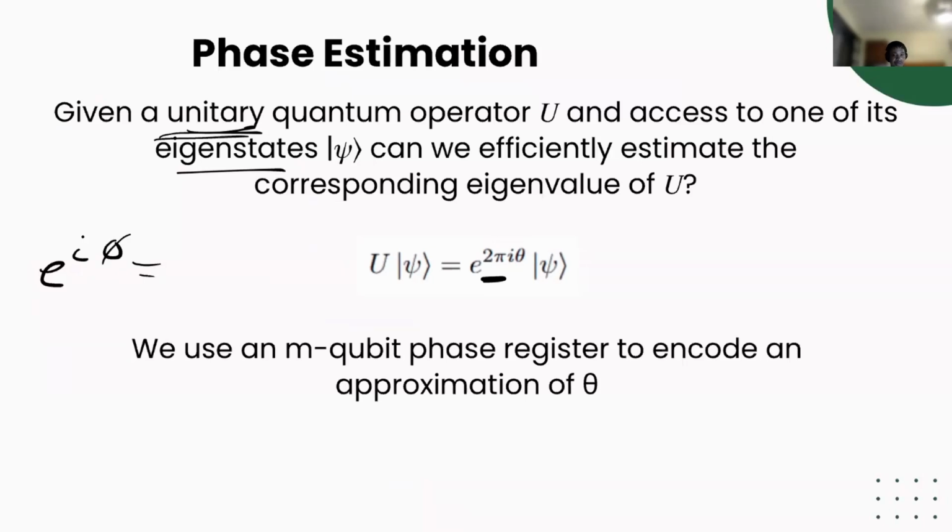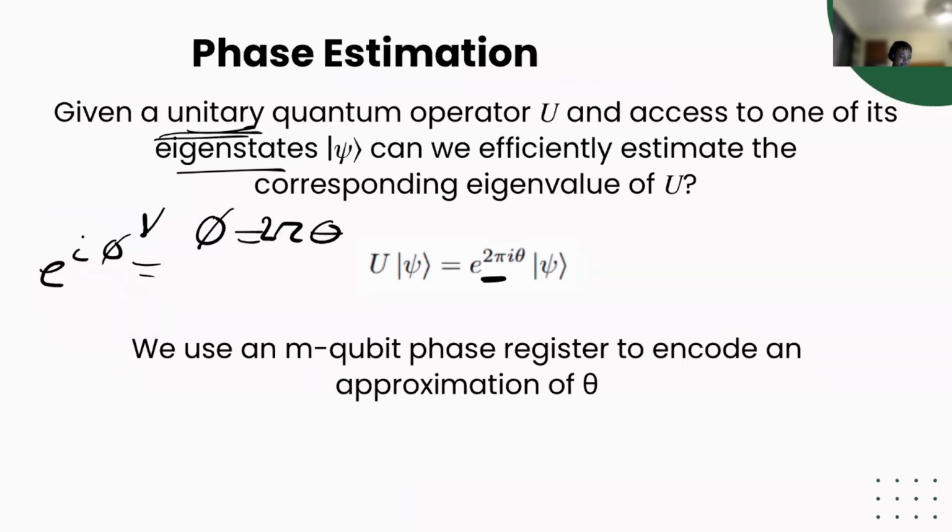To ensure that we get a unique value of theta, we scale this initial phi parameter by 2 pi in a fraction, theta.